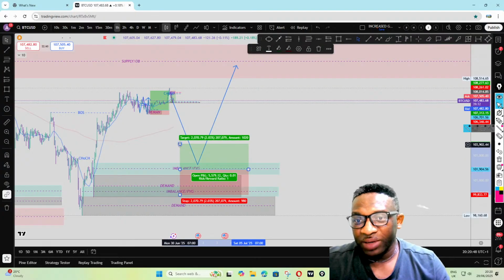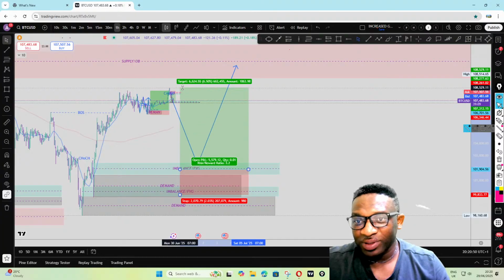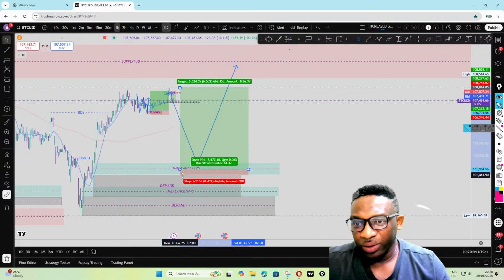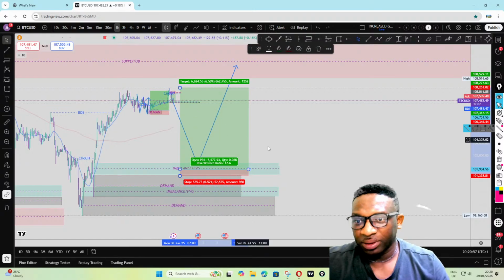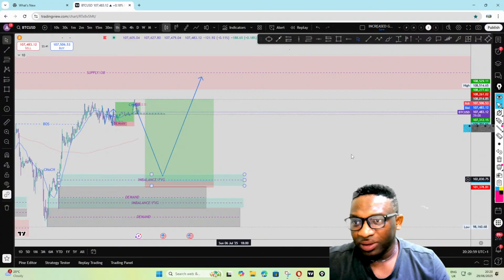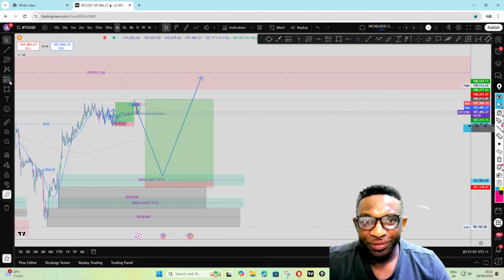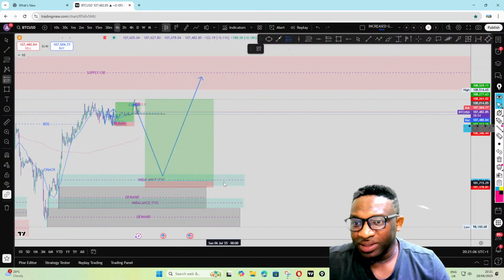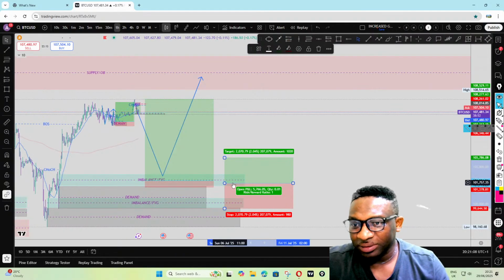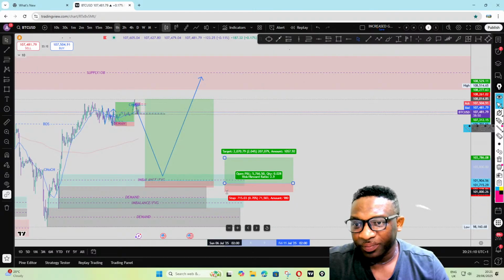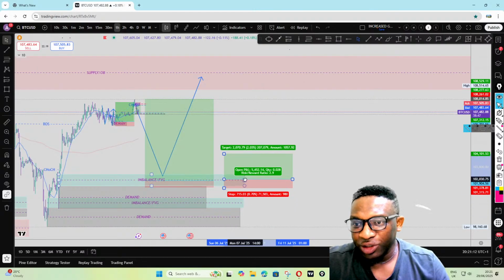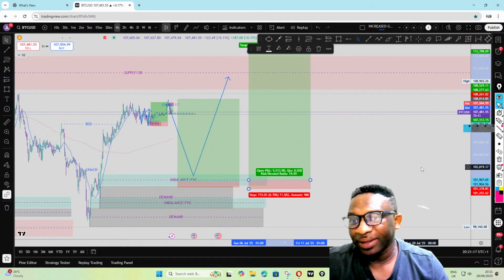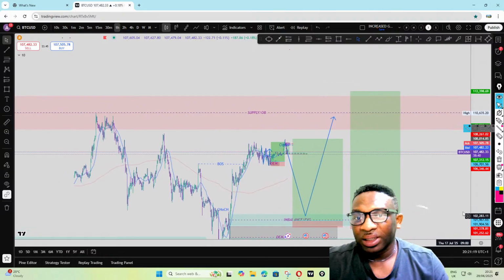So in this area, you could target this previous high as your profit target, and you could have another entry on another account, or even on the same account. If one is 0.5, you have another 0.5 entry, and then you leave that one to run to maybe the weekly high or the daily high.